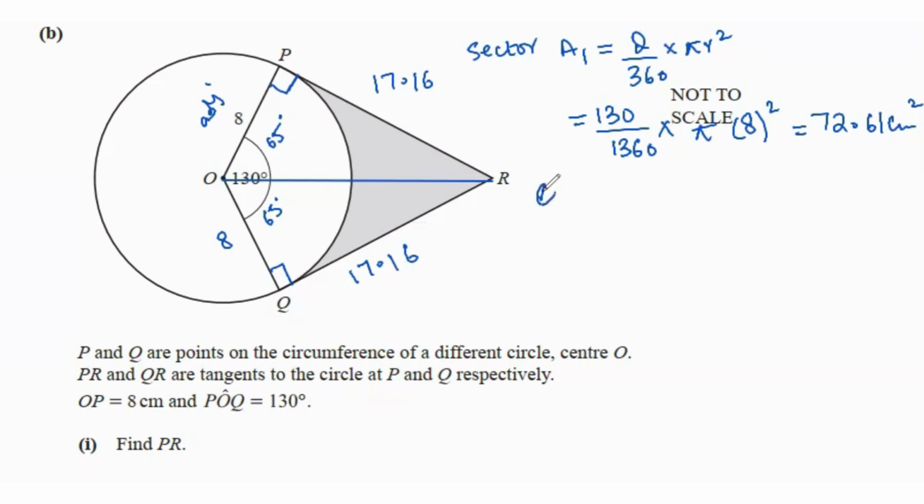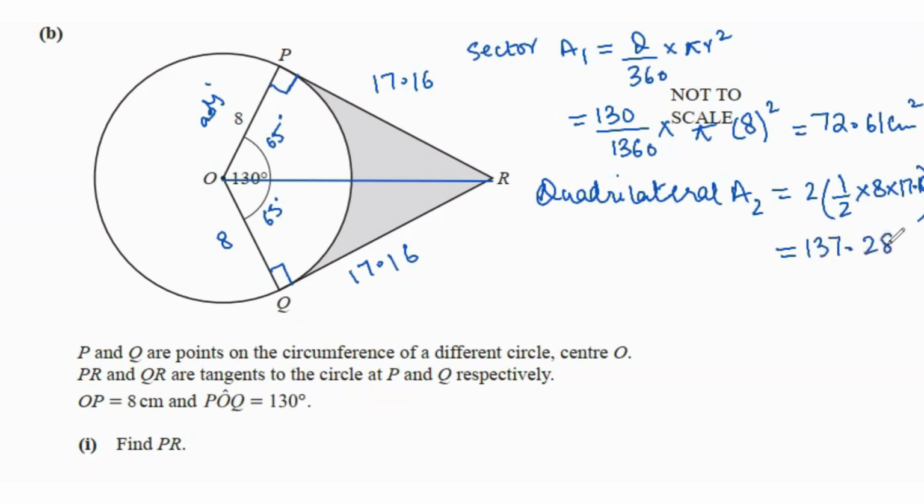Then find the area of the quadrilateral. That's going to be A2. So we have two triangles. So we can do 2 times 1/2 times 8 times 17.16. So that is 8 times 17.16, which is 137.28.